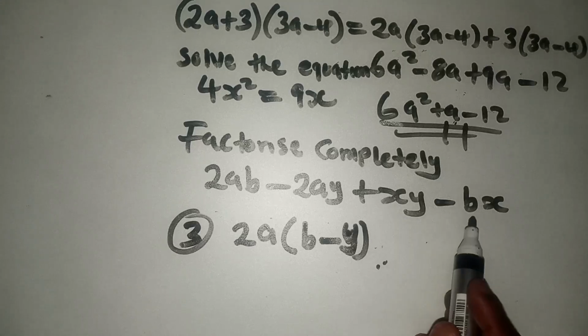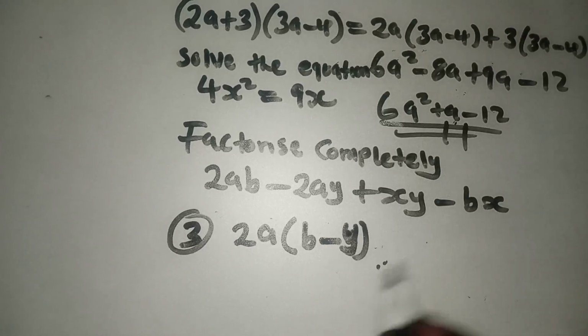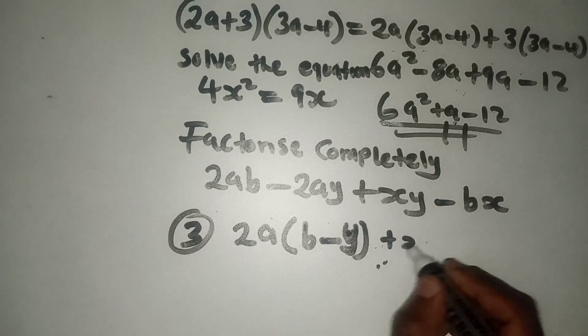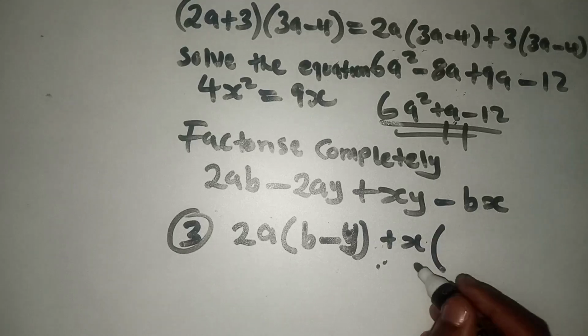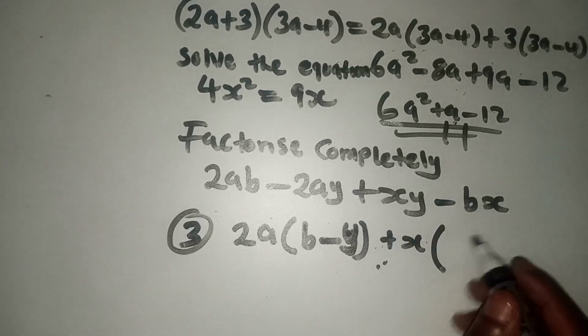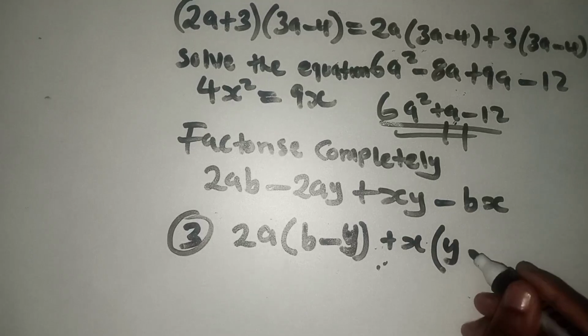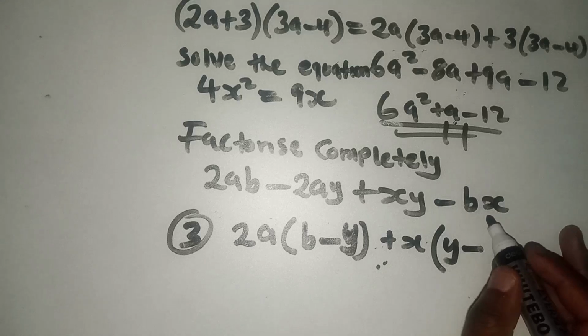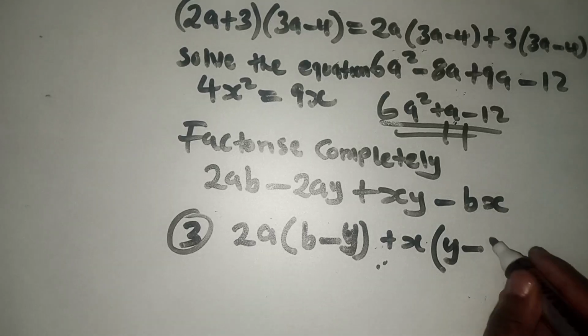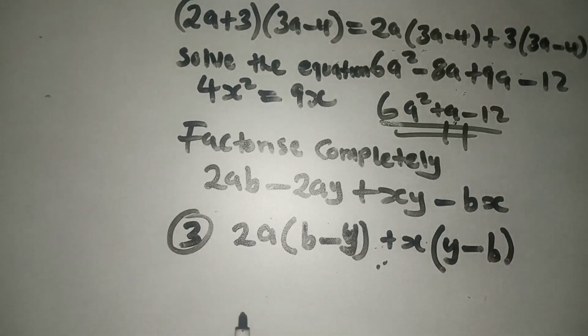There is xy minus bx. Of course x is common, so you say plus x. Then x into xy, your answer will be y, minus x into bx, your answer will be b, close bracket like that.